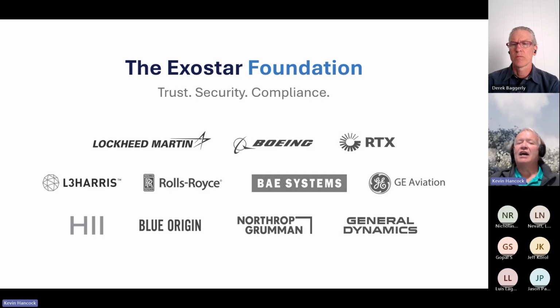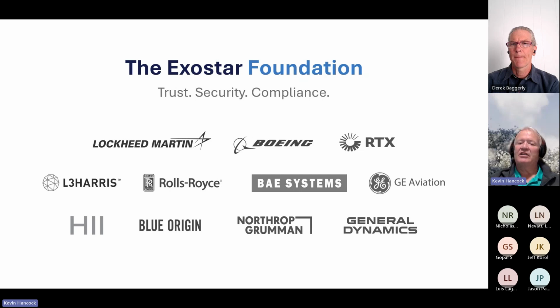In that time, Exostar's added additional capabilities. We brought on additional companies like Robot Morning that provides particular functions that are unique to the aerospace and defense industry. So Exostar has that deep knowledge, those deep relationships across that to build that trusted network that focuses on that trust, security, and compliance.